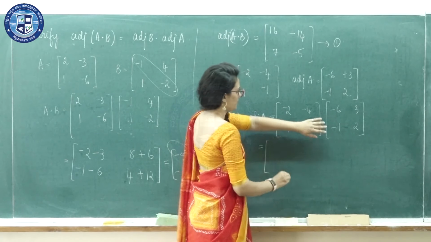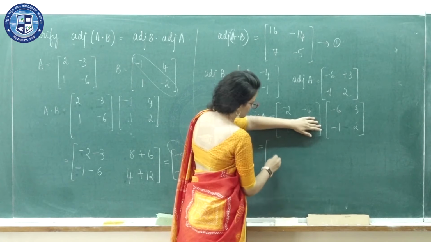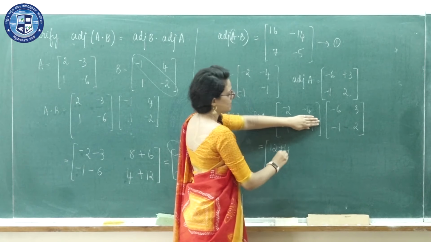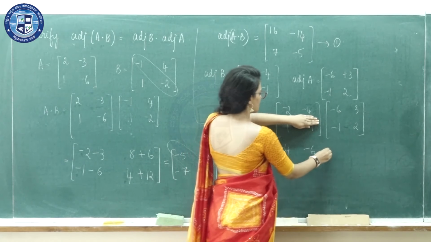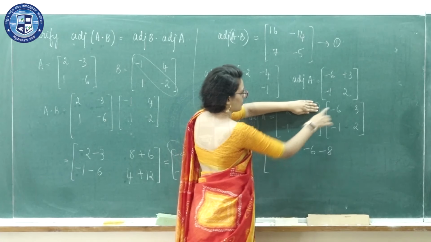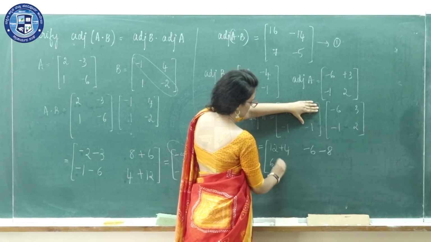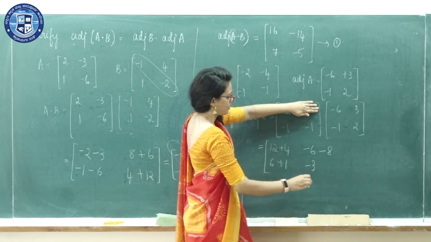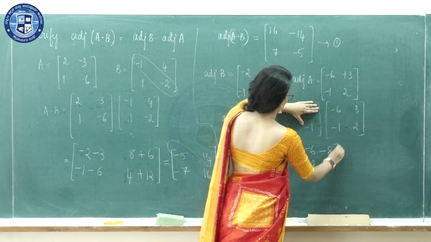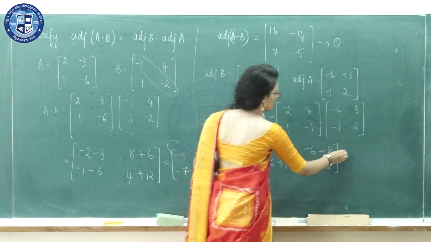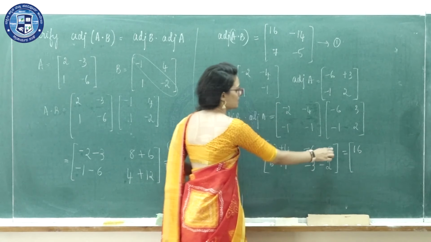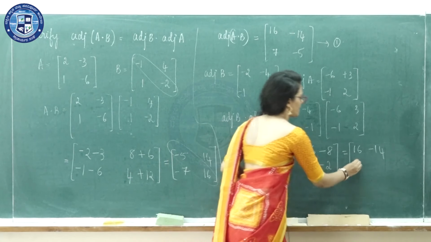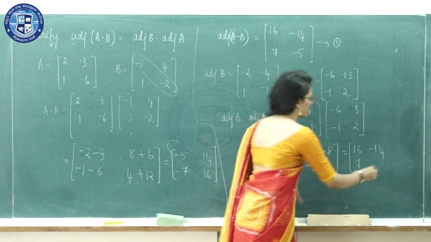So, we will multiply the first row with the first column, we have minus into minus plus. So, 12 plus 4, next term minus 6 minus 8, next term 6 plus 1, and the last term you have minus 3 minus 3 minus 2. So, that is equal to 12 plus 4 is 16, this will be minus 14, this is 7 and minus 5.